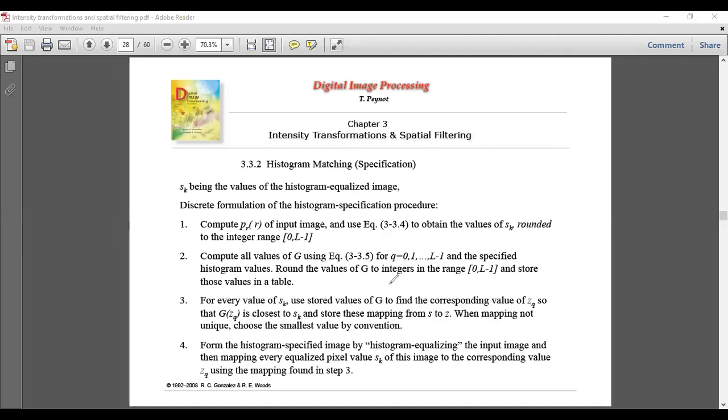Next task we have is histogram matching. So with histogram equalization, there was nothing like customization. We simply equalized. The next thing we can do is define what sort of histogram our image should have. That is what provides us the power to set the contrast and all.